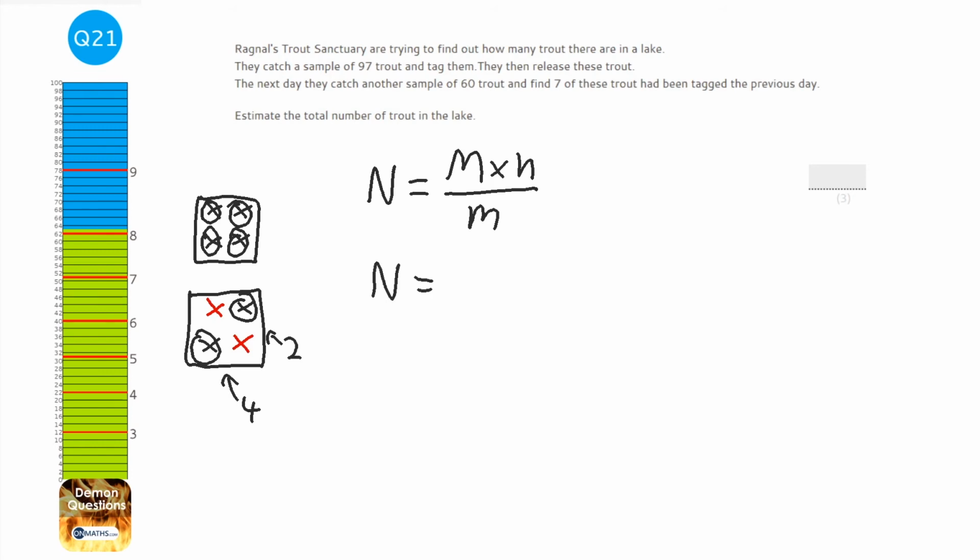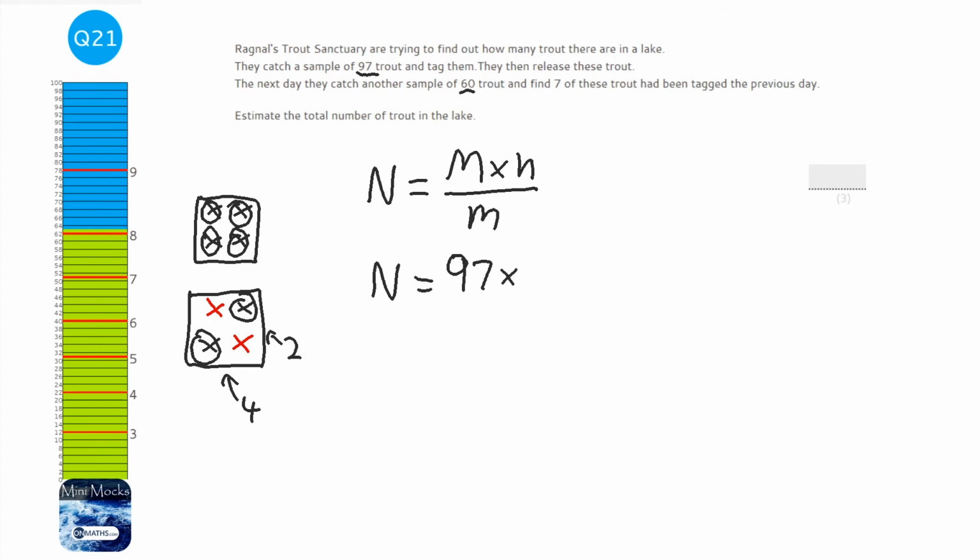Let's try and work out what M is. M is the amount of trout that we marked. So we marked 97, so that's going to be 97. N is going to be the size of the sample that we took again, so 60. That's our recapture sample.